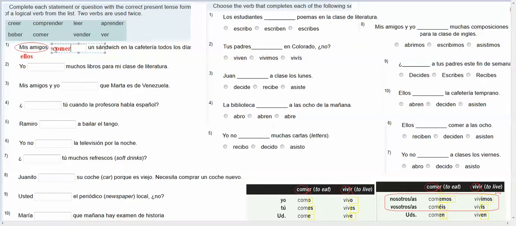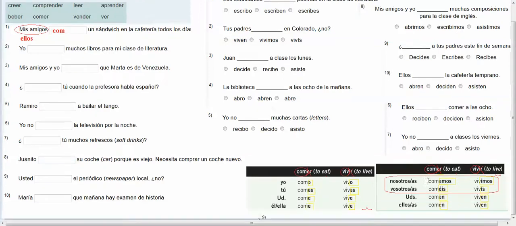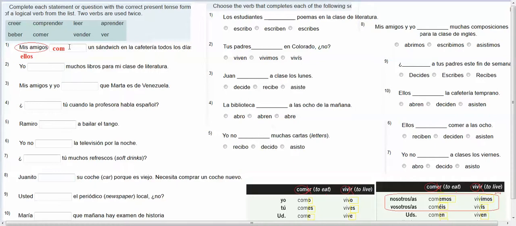So if I go back up here and I put in comer, I'm going to get rid of my ending. It's an ER verb, so I want to pick the ending that matches ellos. If I scroll down to ellos, it's an EN. So that's what I would put here: comen.